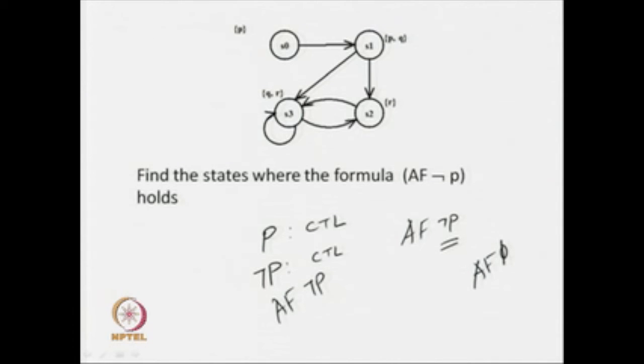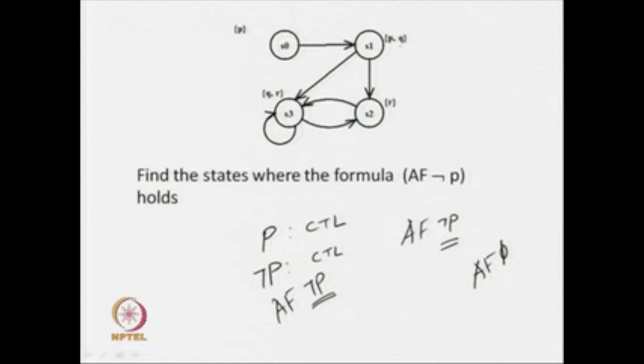Now, what about this particular not of P? We are going to get the truth values of not of P from our labeling function only. If a state is not labeled with a particular atomic proposition, we say that this atomic proposition is false in that state. Now, you just see that in your S0, P is true. So, P remains true over here.